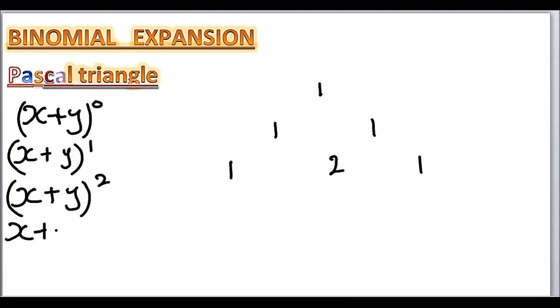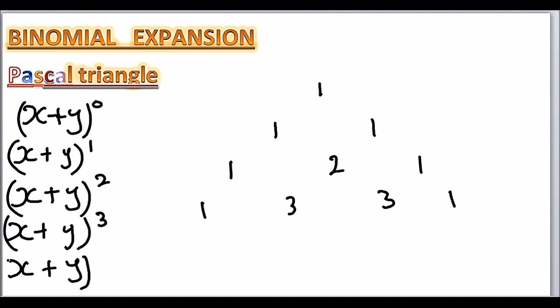Then we have x plus y in bracket cubed. We got the coefficients 1, 3, 3, 1. And then we have x plus y to power 4. We got 1, we got 4, we got 6, we got 4, and lastly 1.